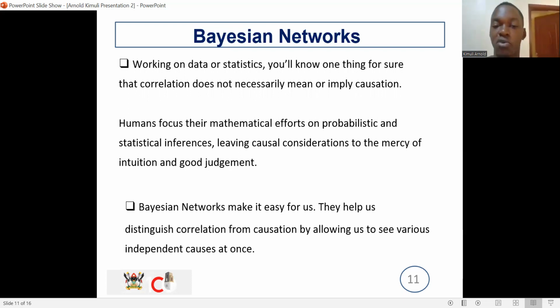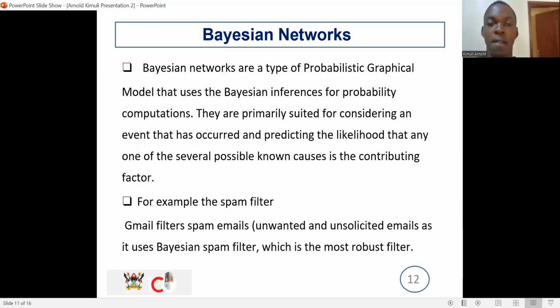They help us distinguish correlation from causation by allowing us to see various independent causes at once. For example, in the spam filter, this I didn't know, Gmail filters spam emails, those unwanted and unsolicited emails, using the Bayesian spam filter, which is the most robust filter. Just good to know this.